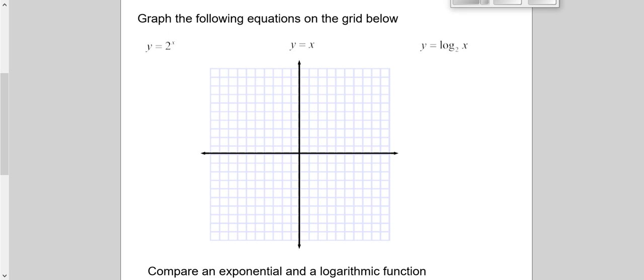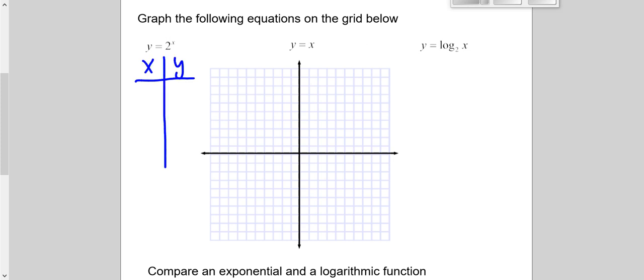Let's set up our rough table of values so that we are familiar with how to work things out, in case for whatever reason your graphing calculator doesn't work. Then we will use the graphing calculator to confirm that we get the right answer. So let's start off with the exponential function that we just finished.